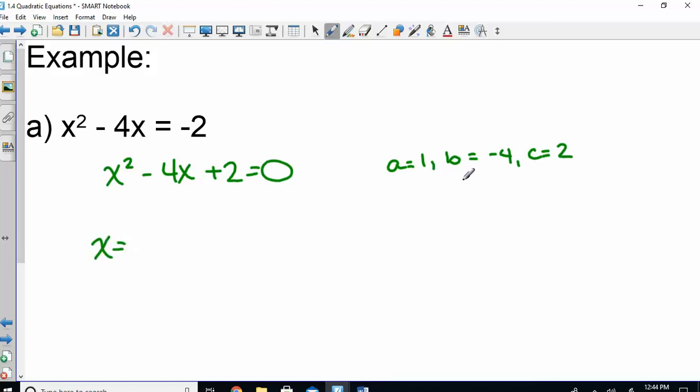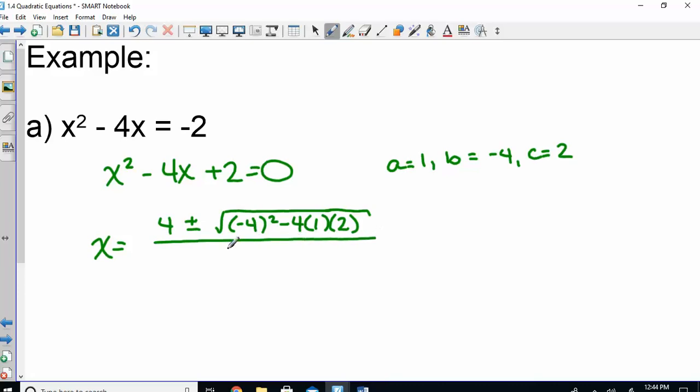So then if we did the quadratic formula, x equals the opposite of b, opposite of -4, positive 4, plus and minus the square root of b squared minus 4ac all over 2 times a.